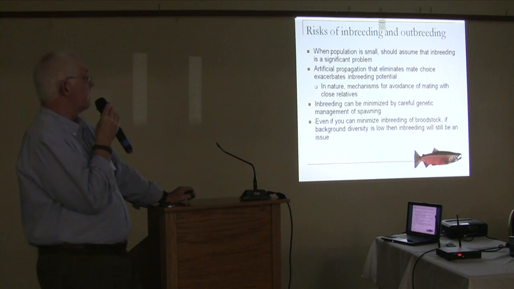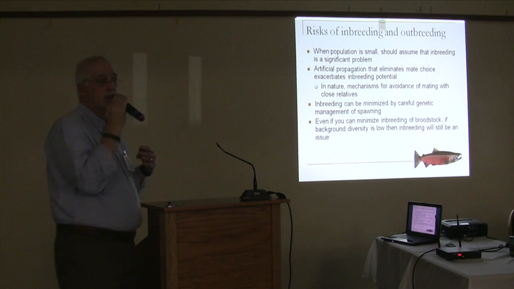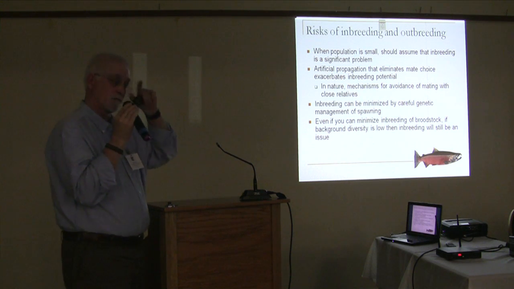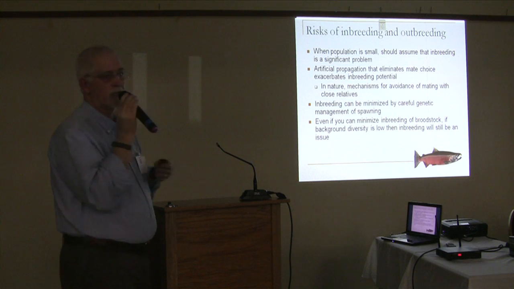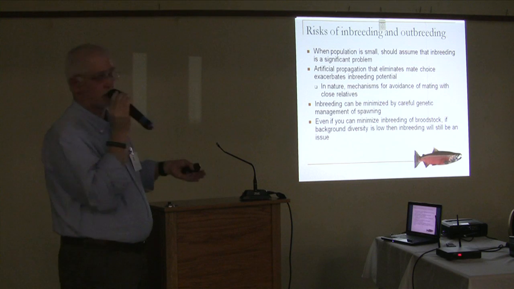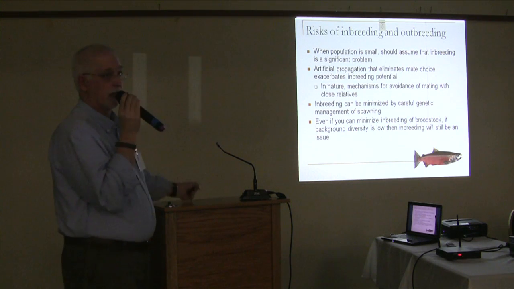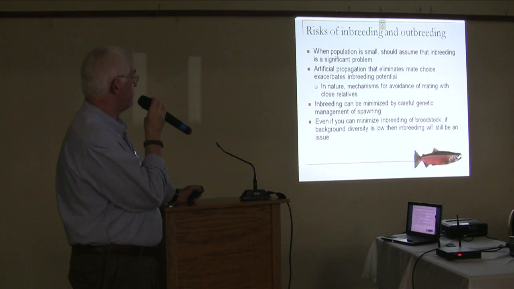Artificial propagation that eliminates mate choice has a tendency to exacerbate inbreeding potential because you're taking the choices away from those individuals and making them yourselves, and we aren't good without using some kind of genetic measurement scheme beforehand to establish unrelated spawners. We aren't very good at mating them, certainly not as good as they are themselves in nature.